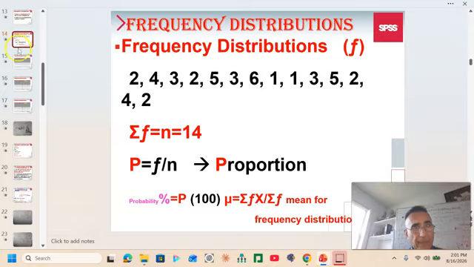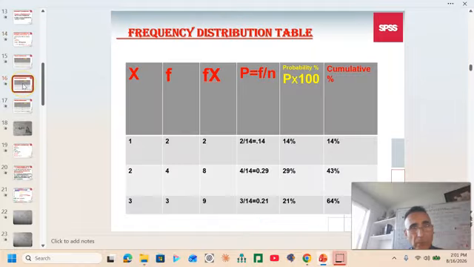But now, again, you need to write the frequency for each score. Like, for example, that 2 that we were talking about, we said the frequency for the 2 was 4. We need to calculate the fx. fx means f, frequency, times x. That means 4 times 2 is 8.